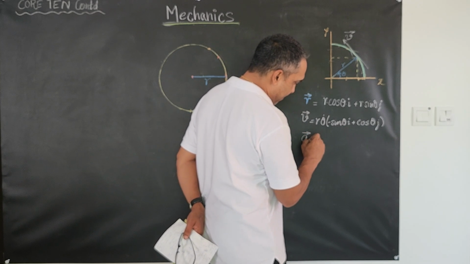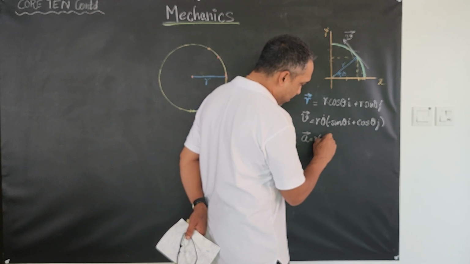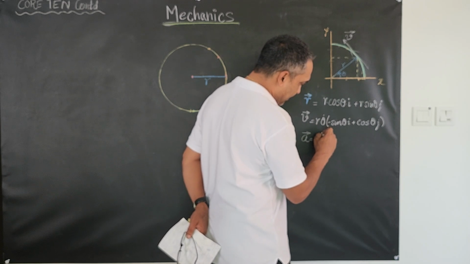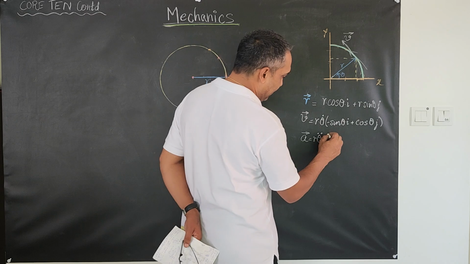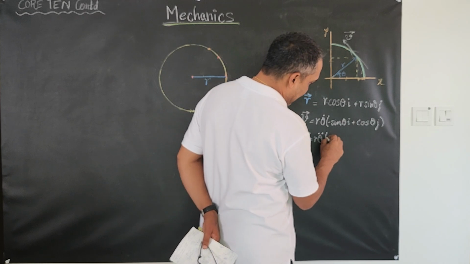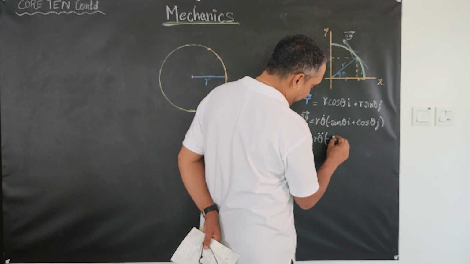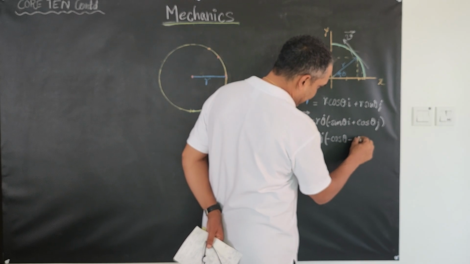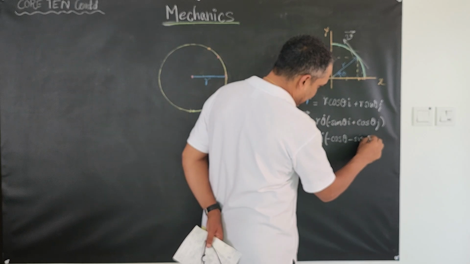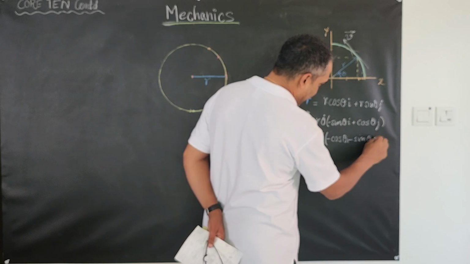Now if I get there, I have an r theta double dot. This is twice the differential there. Now this is going to be negative of cosine theta and negative sine theta. I should put an i and a j, right?